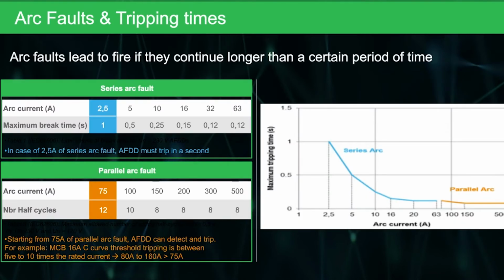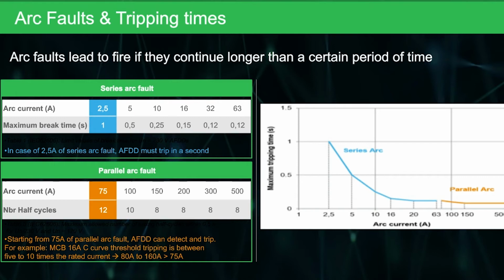From a standards perspective, there's been a lot of testing done to determine how much current and how much time is required to reach ignition point and create flame. That standard is referred to as 62606. The most common example that we like to highlight is that it only takes 2.5 amps and 1 second for ignition of a flame.